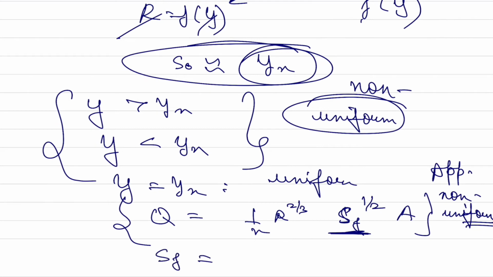And we can say that SF is equal to n square Q square divided by R to the power 4 by 3 into A square. And it is very clear that all the terms in the denominator are functions of y.